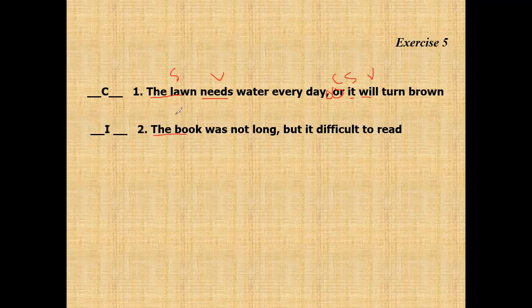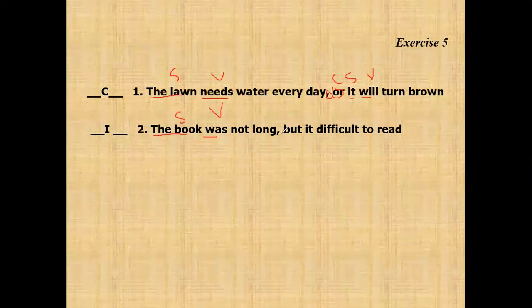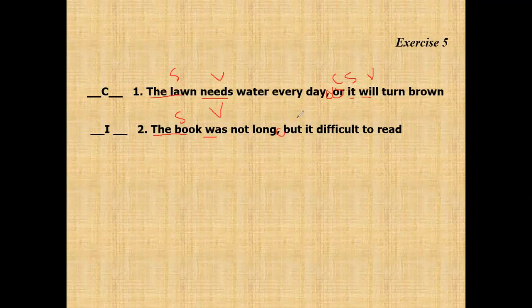The book is the subject, was is the verb, there is a comma, there is a coordinate connector but, after that the subject it, but it's missing a to be, or a missing verb.